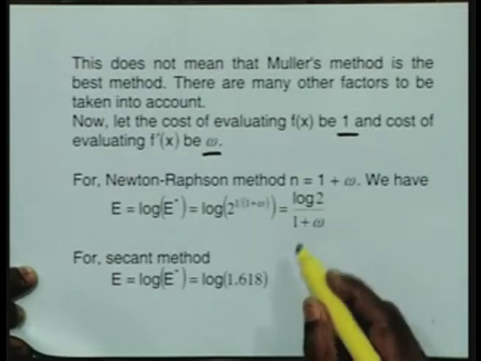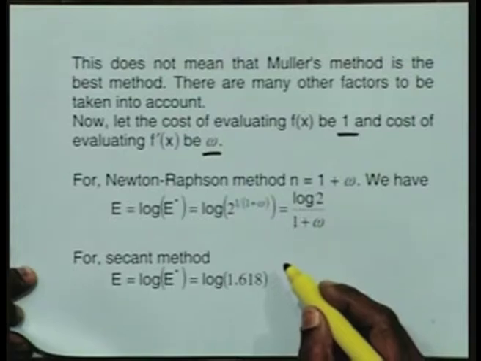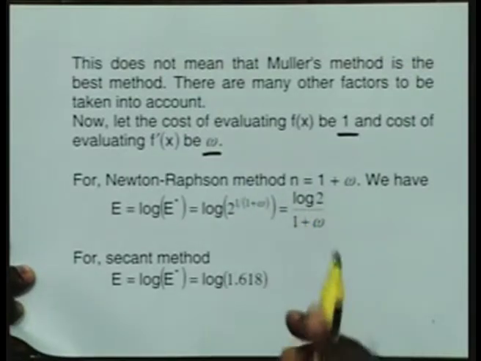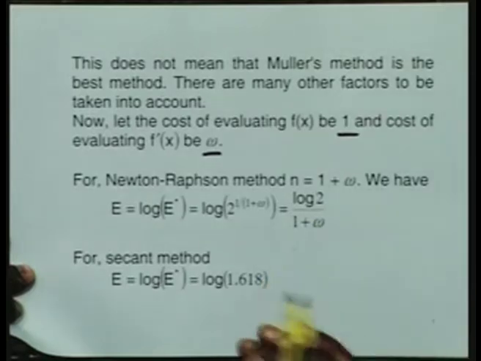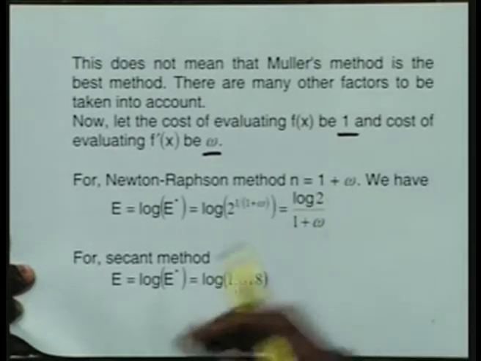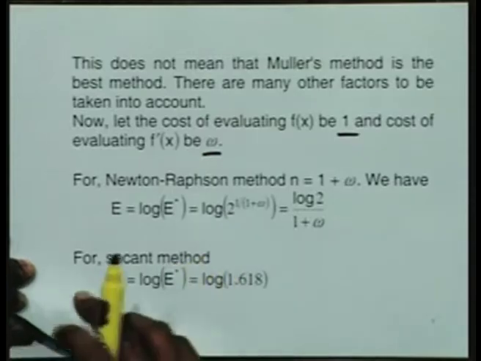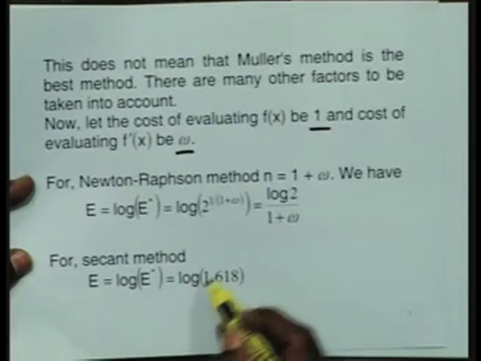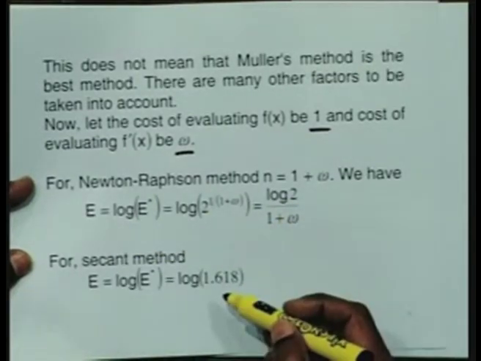Now what I am trying to do here is to say when the Newton-Raphson method will be better than the secant method. If the cost of f x is something, and the cost of f dash x is something, which one do you think would be superior, or under what circumstances would the Newton-Raphson method be superior? If the Newton-Raphson method is to be superior, then this quantity should be greater than this quantity because the efficiency index should be bigger.